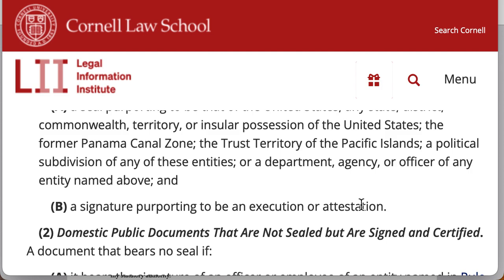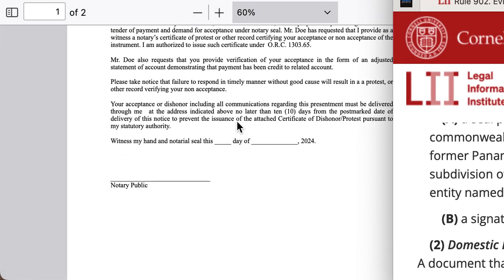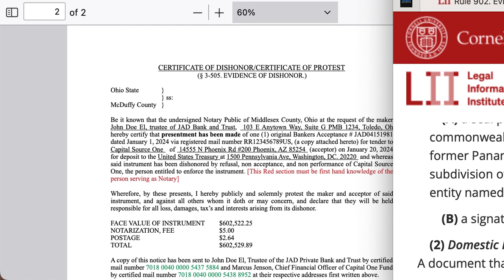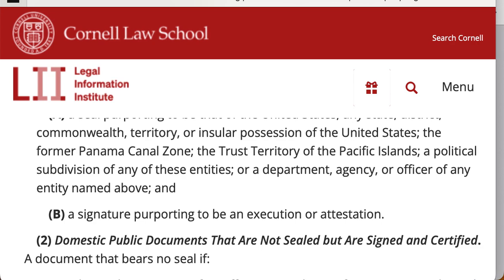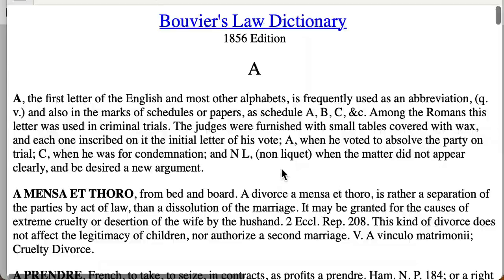So let's very briefly look up what an attestation is. Because basically, this Notary Certificate of Protest that you see right here, it's an attestation. But I want you to see it so that you can understand why we do the notary presentment and the notary protest.